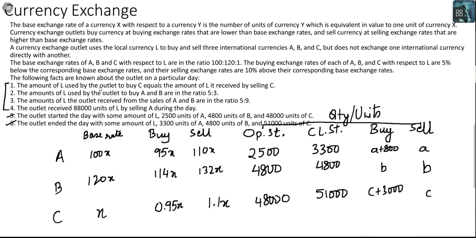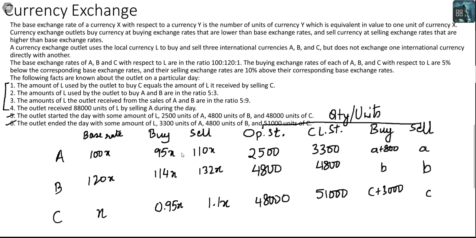The amount of L used by the outlet to buy C equals the amount of L it received by selling C. Okay. Buying C would be C plus 3000 into 0.95, and selling C would be C into 1.1x.